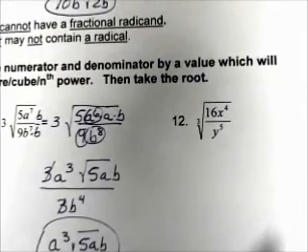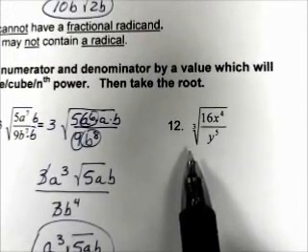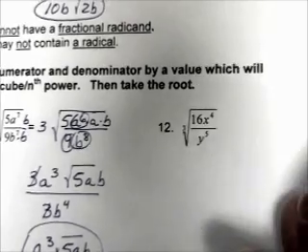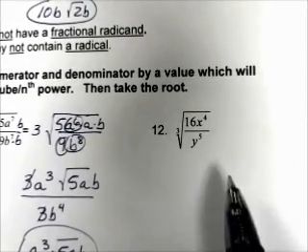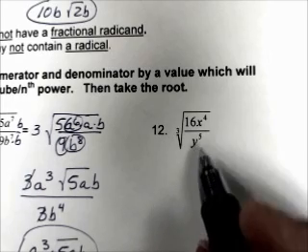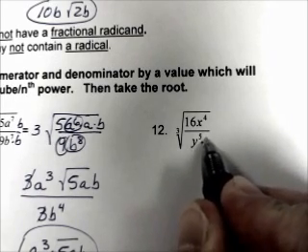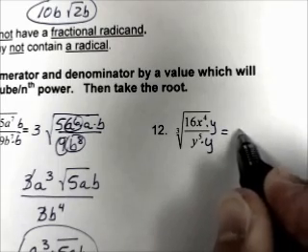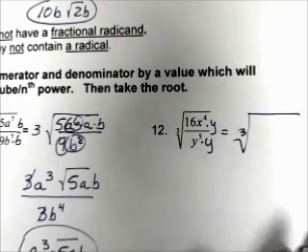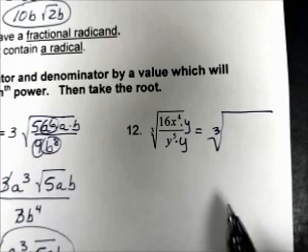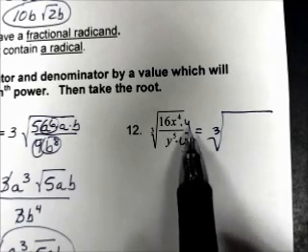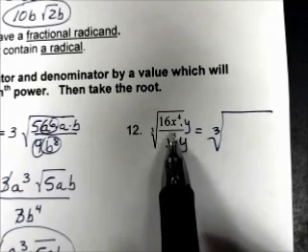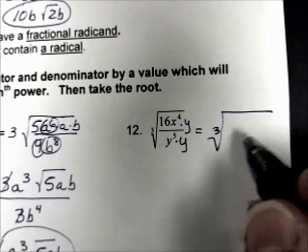Number 12, this is a cube root. Cube root of 16, x to the fourth, y to the fifth. And concentrate on that denominator. If we brought y to the fifth up to y to the sixth, so let's multiply by y. And as I write 16 x to the fourth y, I'm going to break it down into its perfect cube factors.